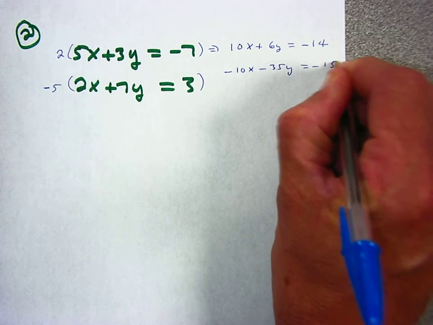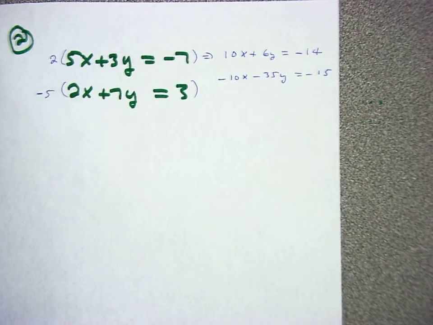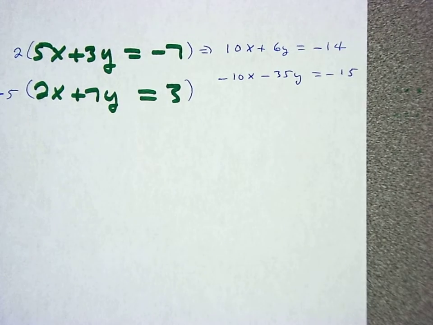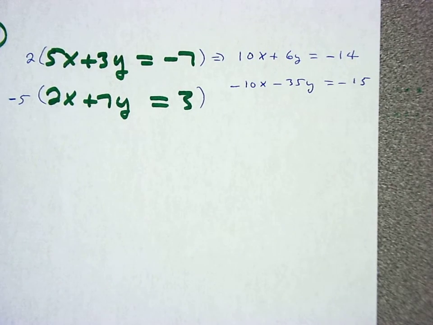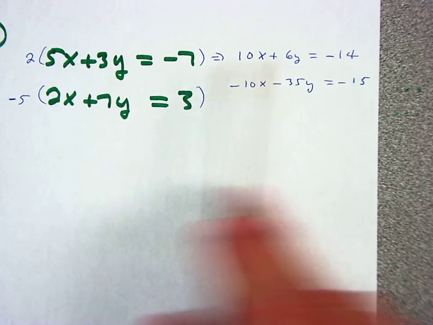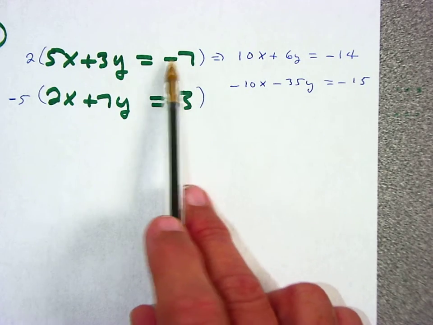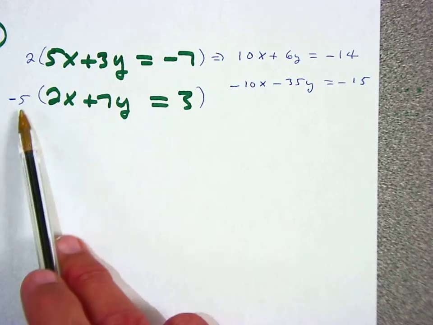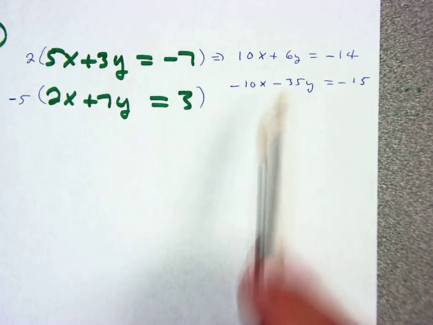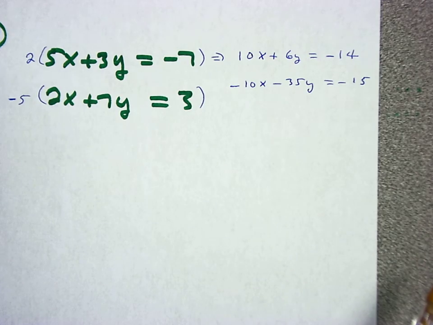The only way people really mess this up is they don't multiply everybody in the equation. So 2 times 5 is 10x, 2 times 3y is 6y, 2 times negative 7, watch that negative, negative 14. Negative 5 times 2 is negative 10, negative 5 times 7 is negative 35. All right, I think we're good, okay?